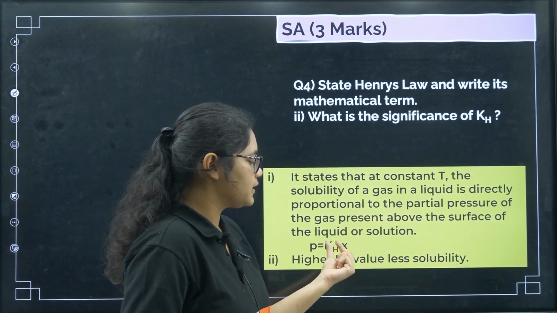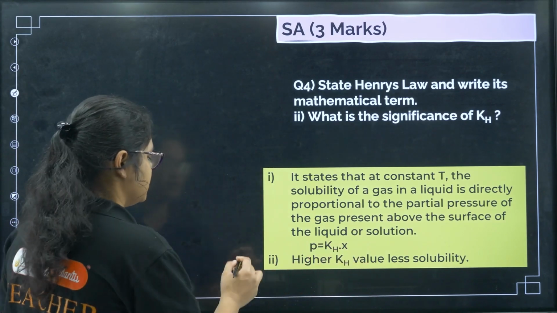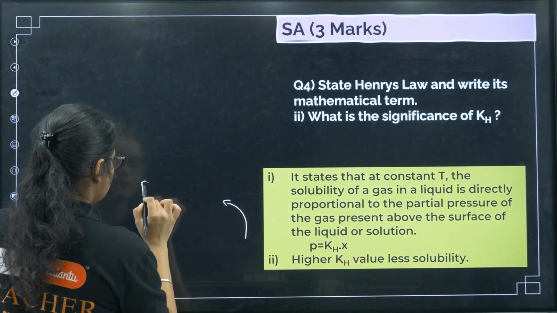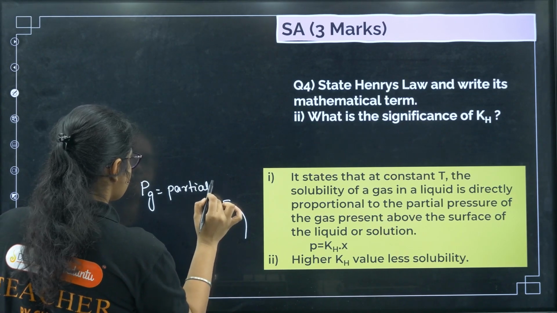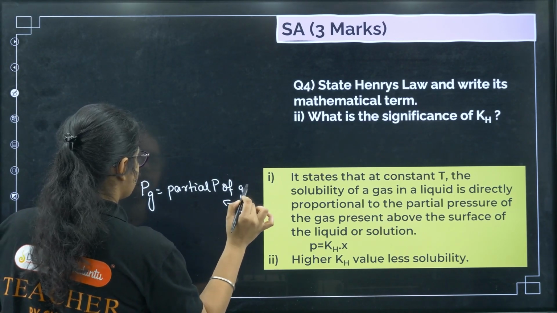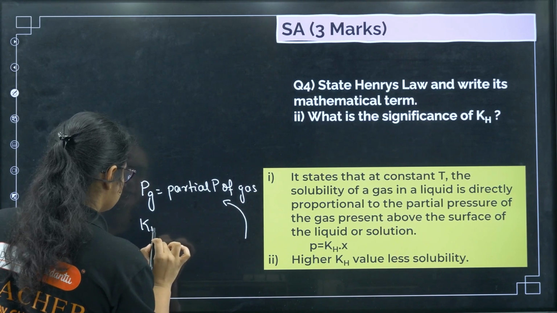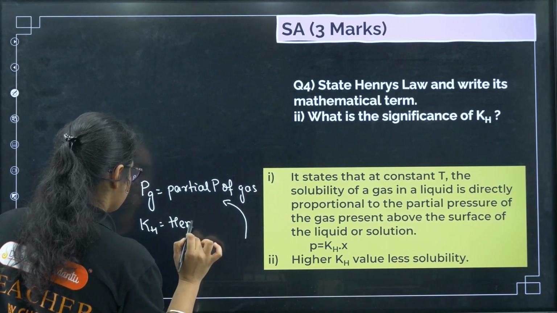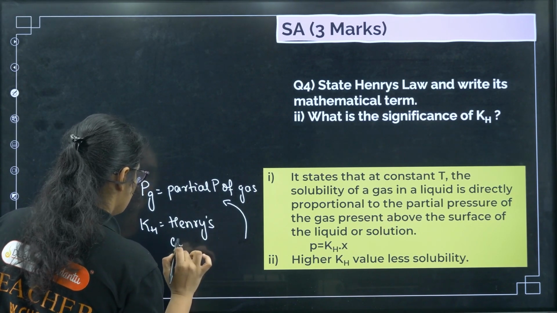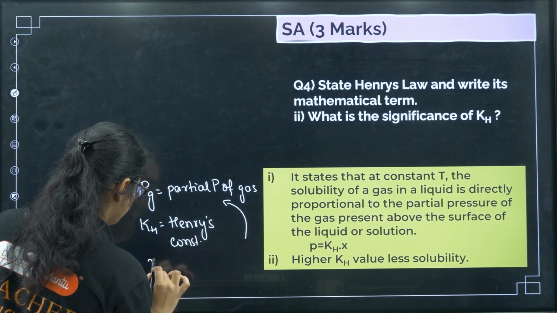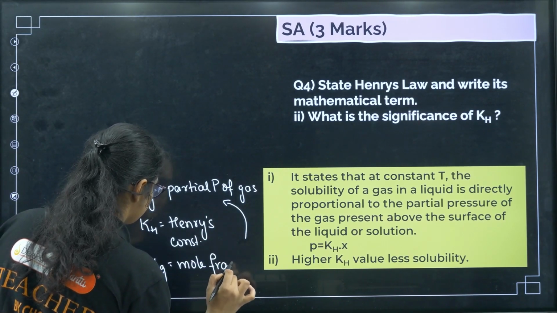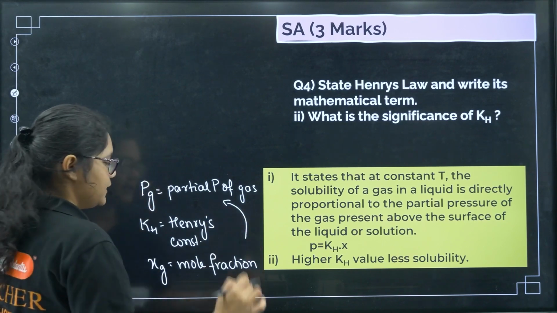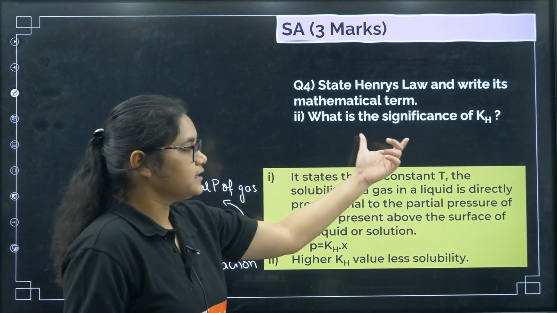Now p = KH x, where p is the partial pressure of the gas, KH is Henry's constant, and x is the mole fraction of the gas. This is very important, so mention the terms.